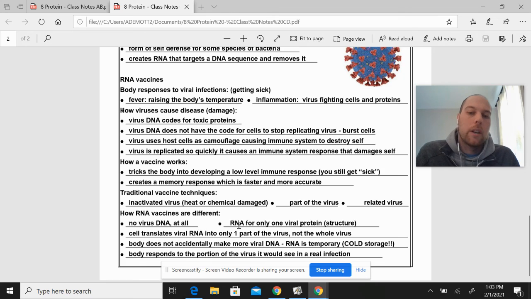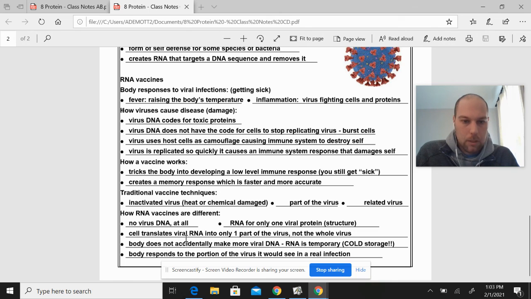It's actually just the RNA of one viral protein, so it's a part of it, but just the RNA. Since it's just the RNA, it's not able to replicate at all, and it doesn't. So there's zero chance that it could ever lead to COVID-19. It could give you some symptoms, and it's not very pleasant, as I can attest to, but it could never possibly turn into the actual virus.